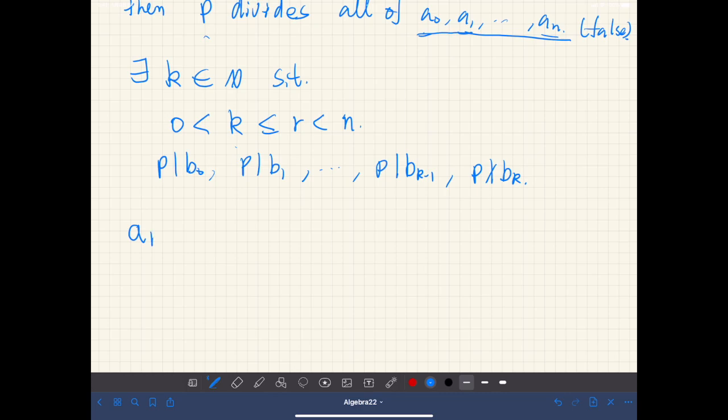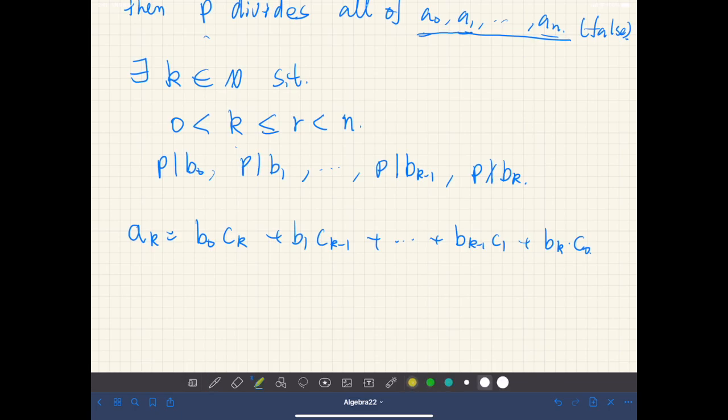So now we consider ak, which can be expressed as, let's see, maybe we should write b0 from here: b0 ck plus b1 c(k-1) and so on, and b(k-1) c1 plus bk c0.